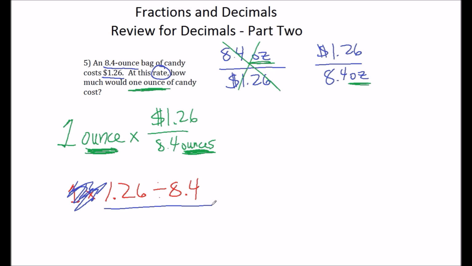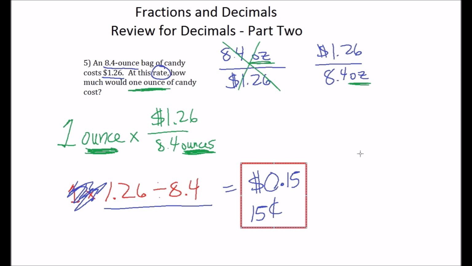That's the operation to do, 1.26 divided by 8.4. I'll give you the answer, and then I'll show you. This is dollars again. How much would it cost? It would be $0.15. You could also just write 15 cents with the C with the slash through it. Just recognize that these are different. These two answers right there, those are different. So just be careful with those.